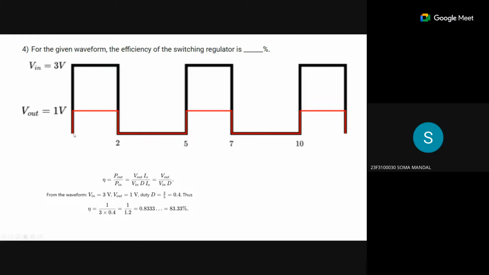On is 2, and the total is 5, since on plus off will be the total. That is correct. T on over T on plus T off, so 2 over 5.